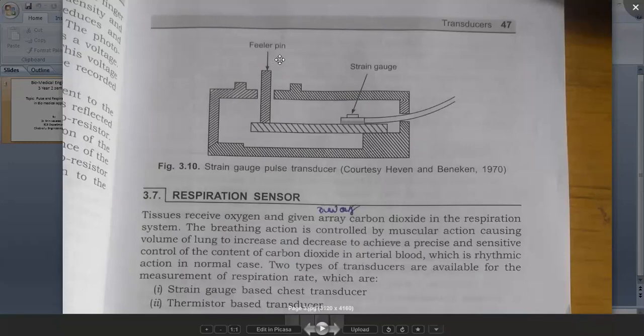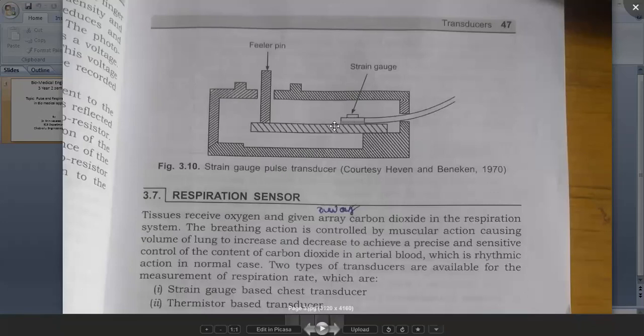So when the finger is placed at this feeler pin, it senses the blood pressure of the finger, and the sensed vibrations are applied over the leaf spring. According to the vibration, the leaf spring also moves, and that change of vibration or variation is measured by the strain gauge.